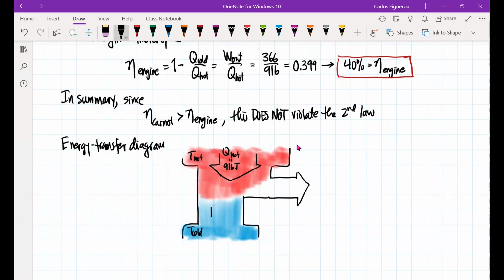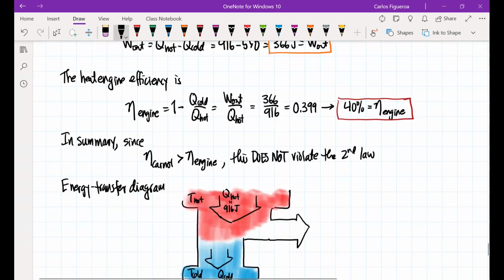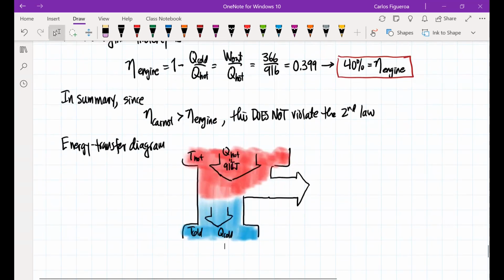How much gets ejected into the cold reservoir? According to this, what's ejected into the cold reservoir is 550 joules. And how much work do I get out of this heat engine? The amount of work that I get out of this heat engine is 366 joules.